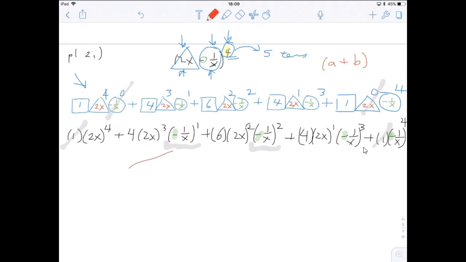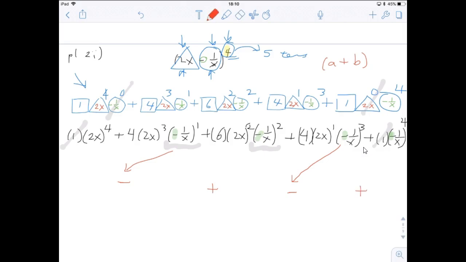It's to the first, right? So I'm going to put the negative sign out here. This one here, no, because the negative is inside squared, so it's going to become a positive. It's just going to be plus instead of the negative, right? This one here is to the odd power, so it's going to become negative also. And this one here is to an even power, so no, it's just going to be plus.